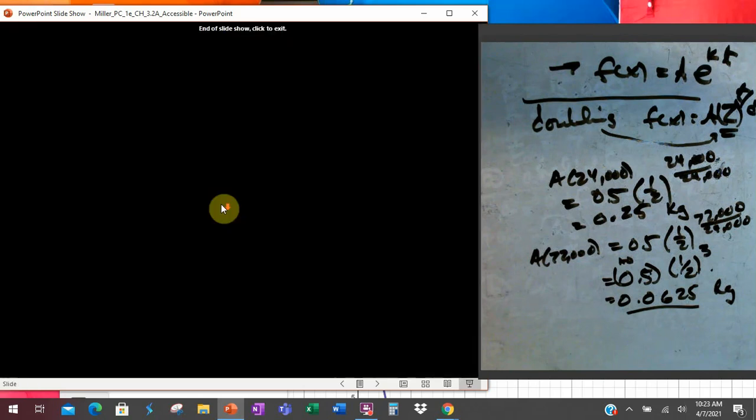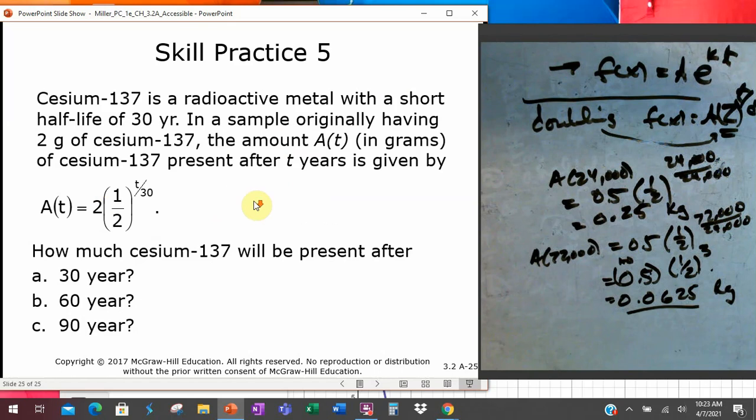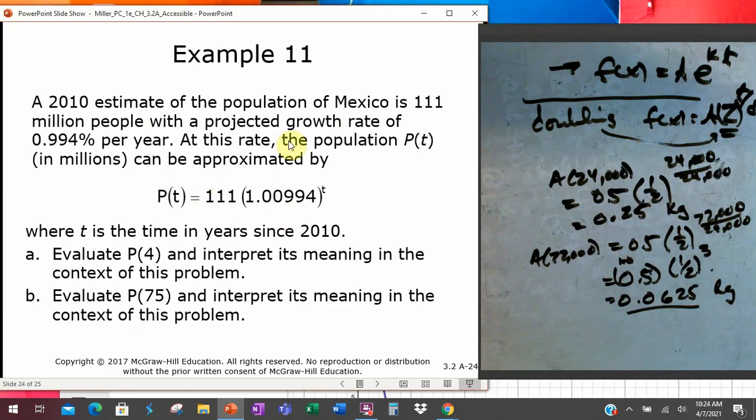Here's half-lives again. This one is growth, and this one is half. You started with the initial amount, and every 30 years you're going to halve it. And this is population growth, but you're only growing at 0.994% per year.